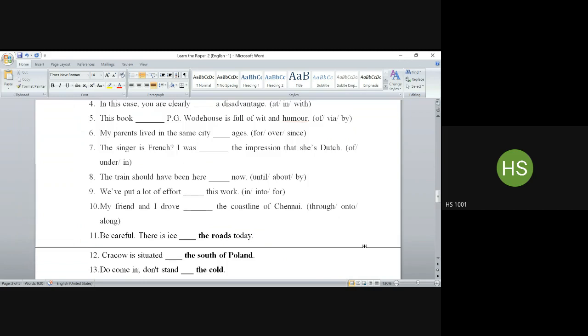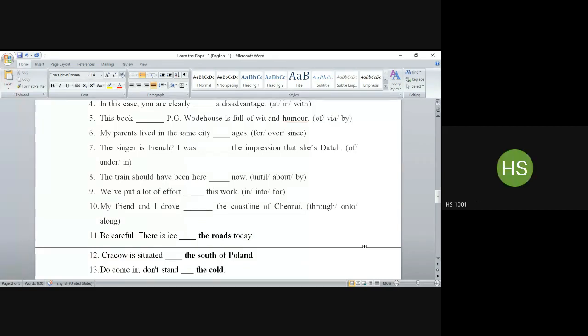Usually, when do you use into? When we enter into something, so you show movement, right? Action. Like the car moved into the tunnel or something of that sort. And where do we use in?